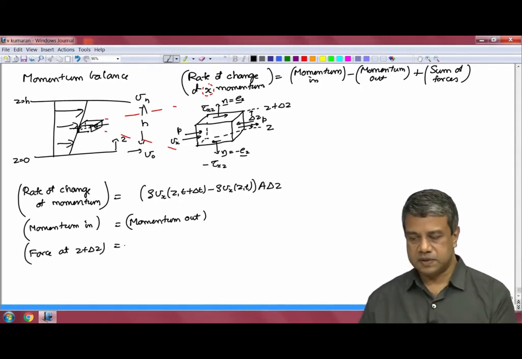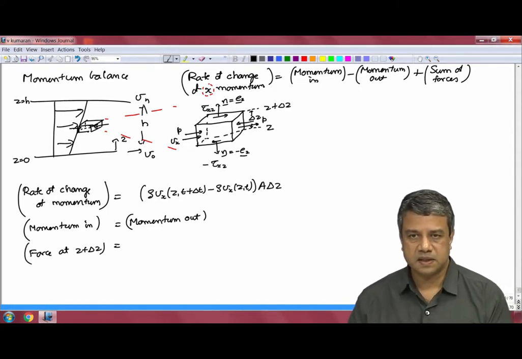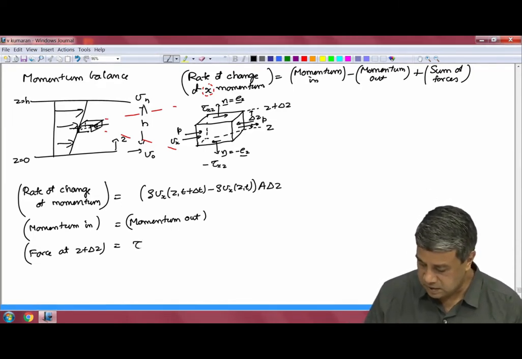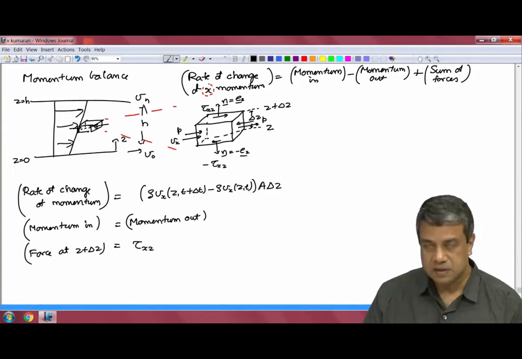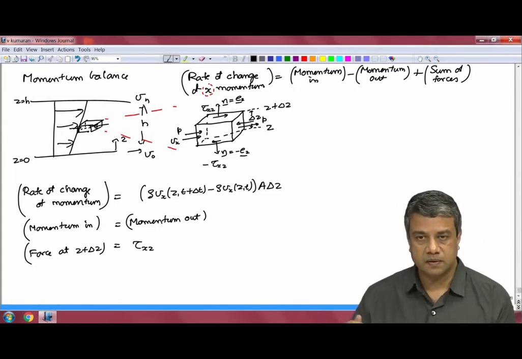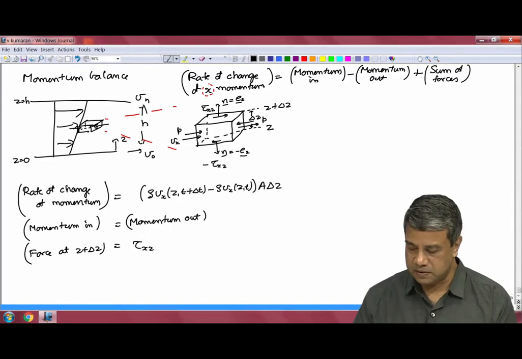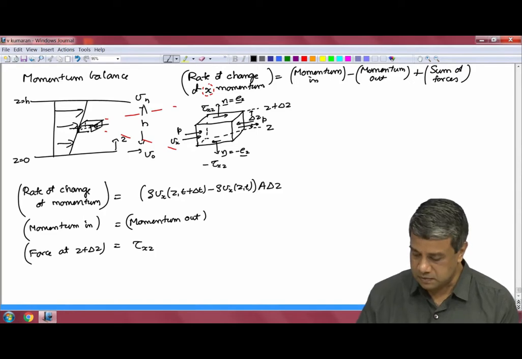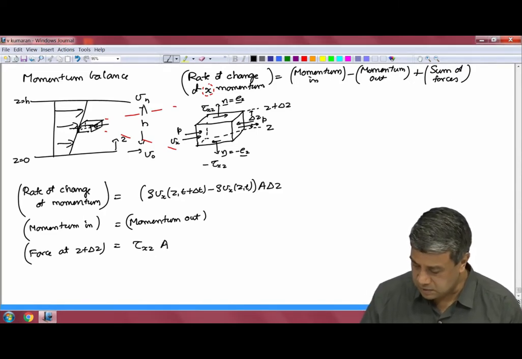As I said, for the force at the location z plus delta z, the unit normal is in the plus z direction. Therefore, this force is equal to the shear stress. I am sorry, stress is a force per unit area. And therefore, the force exerted is equal to the shear stress times the area.